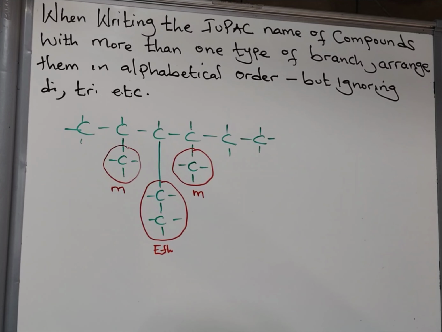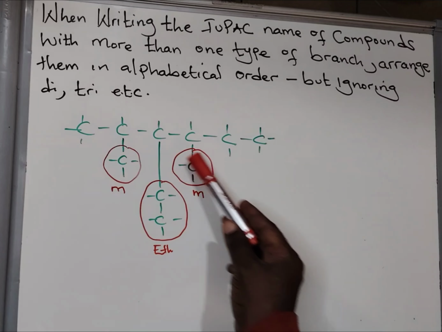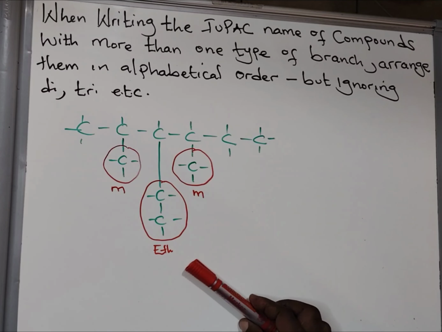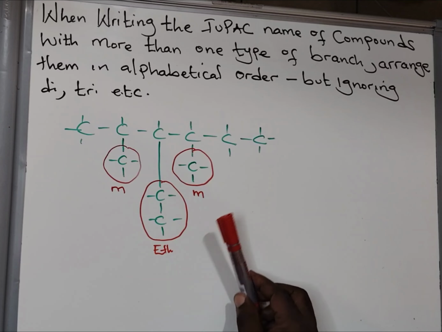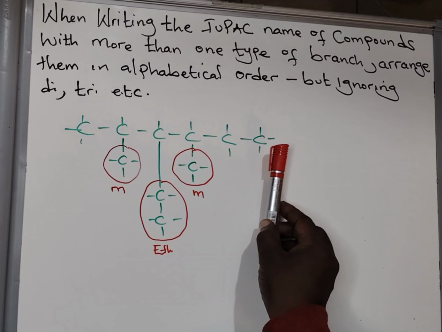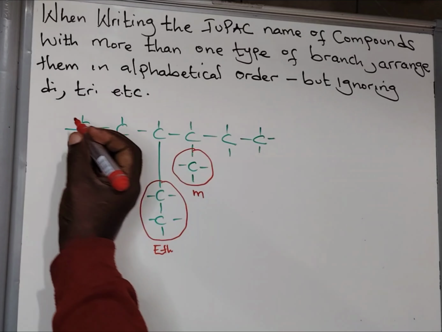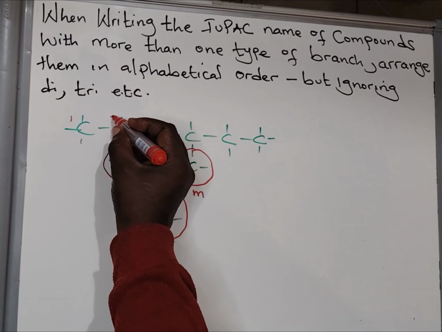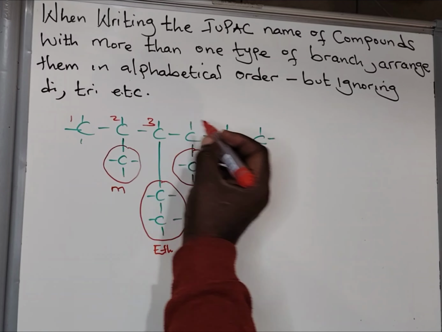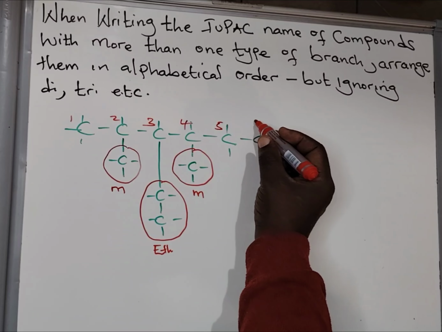And remember the rules stated previously said that we must assign these branches the smallest possible numbers. You have to know that if you are going to do that, this one must be number 1, not the other one. Because if you start from this side, it will give them big numbers. So this is going to be number 1, number 2, number 3, number 4, number 5, number 6.